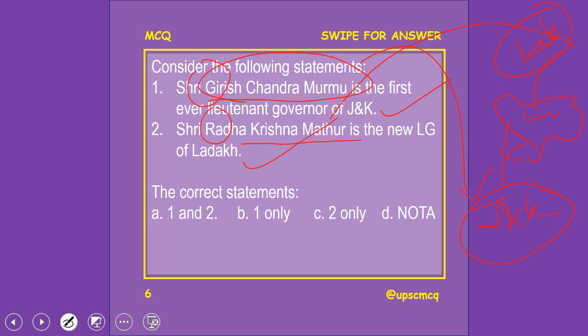Similarly, in terms of distance from the equator, J and K is closer, so J&K comes before. Girish Chandra Murmu is the Lieutenant Governor of J&K, and Radhakrishna Mathur is of Ladakh. But everybody has their own strategy. Whatever helps you. Some people have the tendency to remember so many facts, so it is up to you. But the correct answer is A.